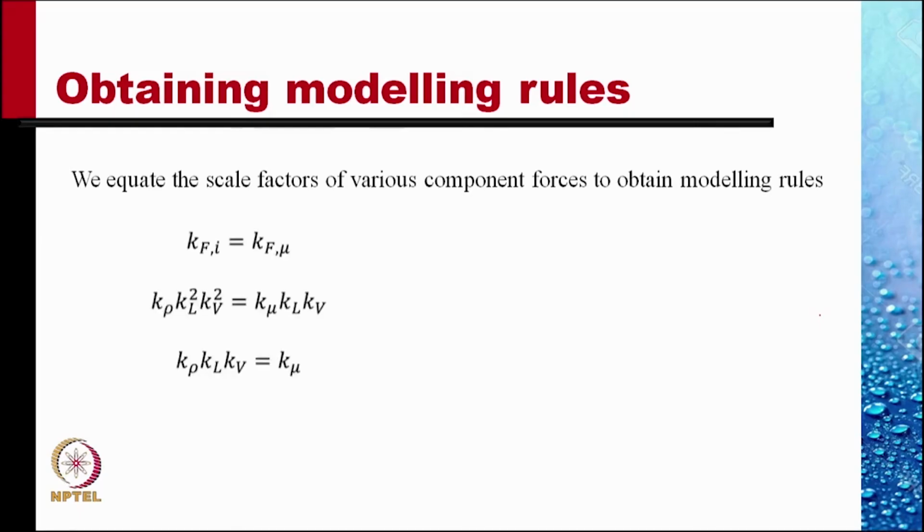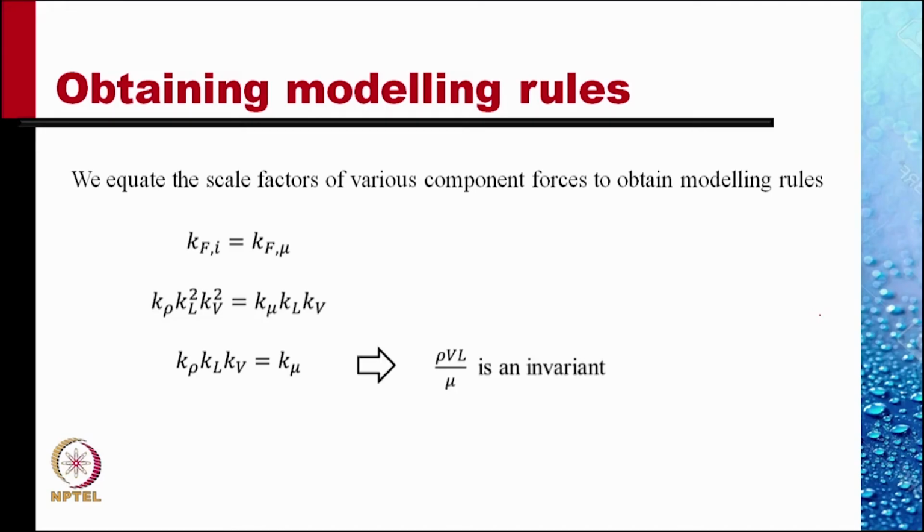For example, when we equate the total force scale factor to viscous force scale factor, Kfi is K rho, KL square, Kv square, Kf mu as shown was K mu, Kl, Kv. Simplifying, this gives you K rho, Kl, Kv is equal to K mu, or K rho, Kl, Kv divided by K mu is equal to 1.